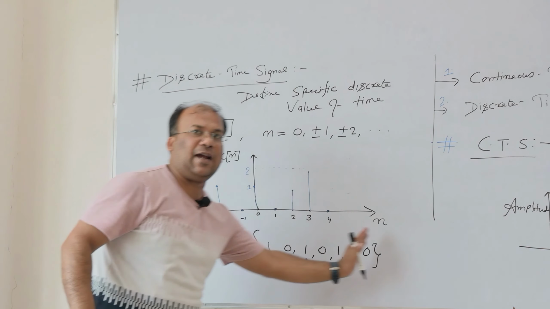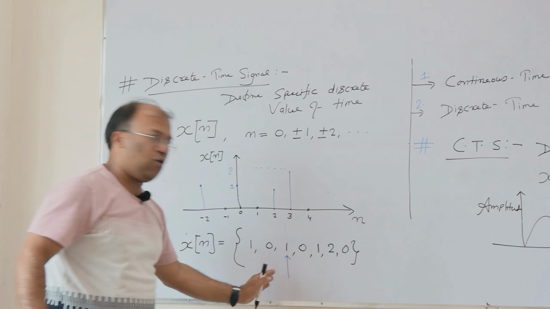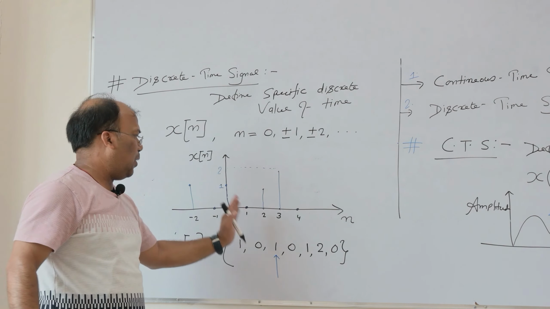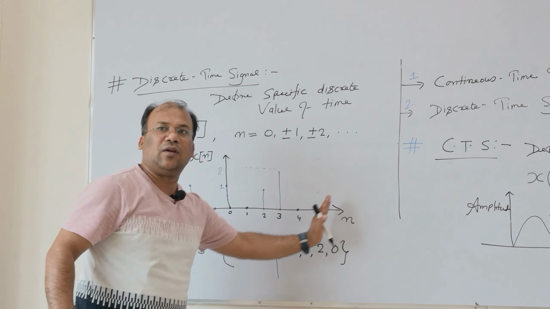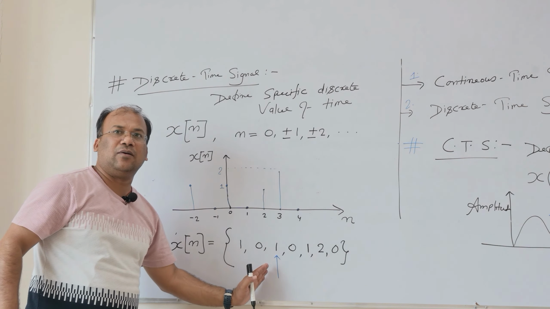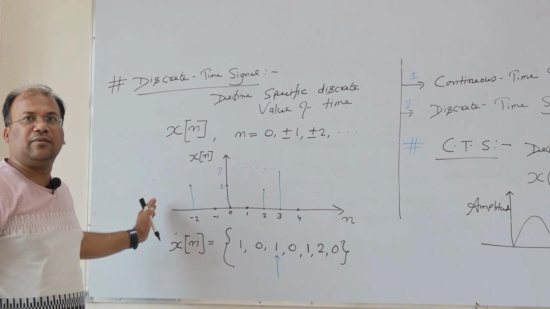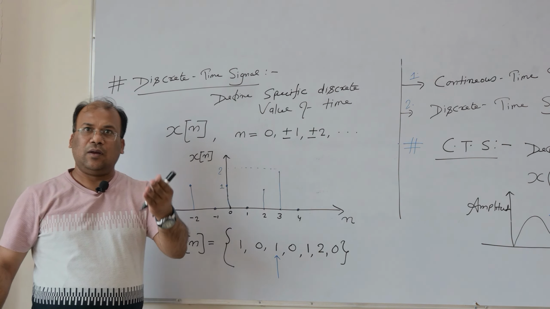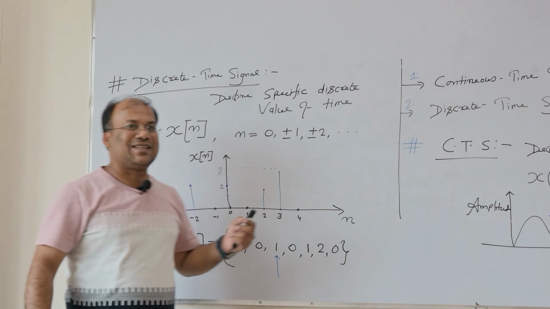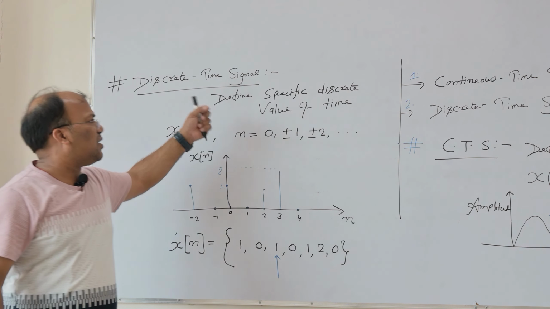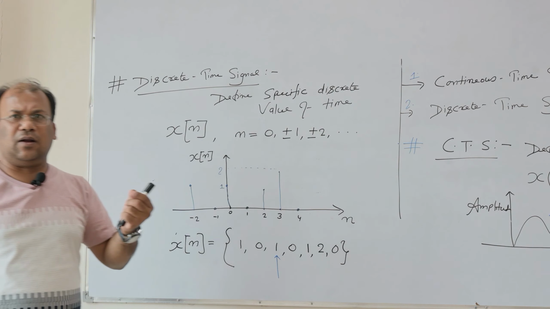The right hand side of this arrow shows the positive side of your axis, and the left hand side of the arrow shows the negative side. So this is the representation of the signal.